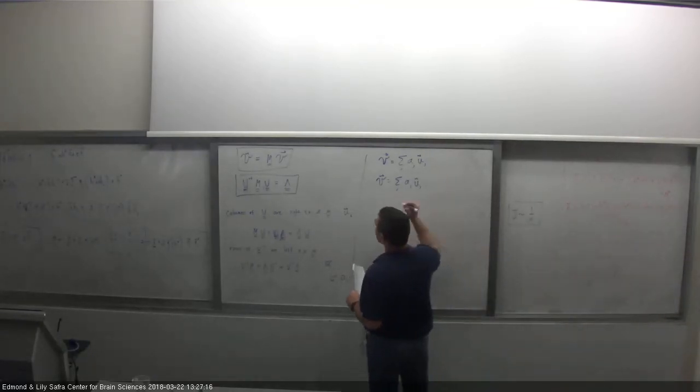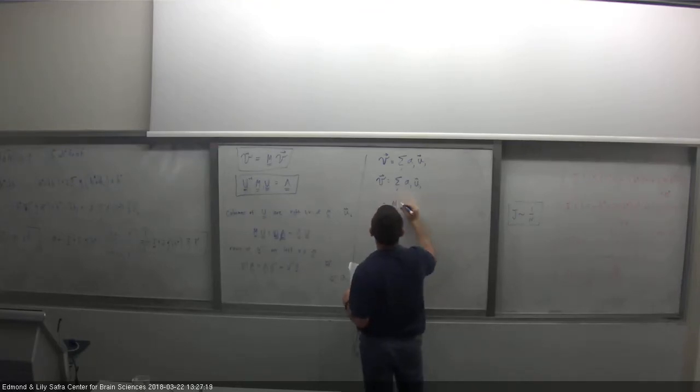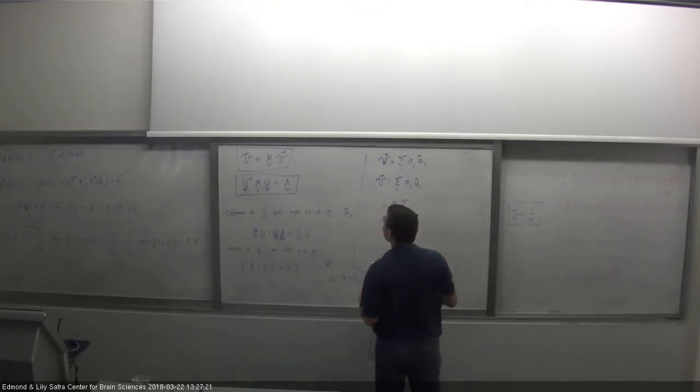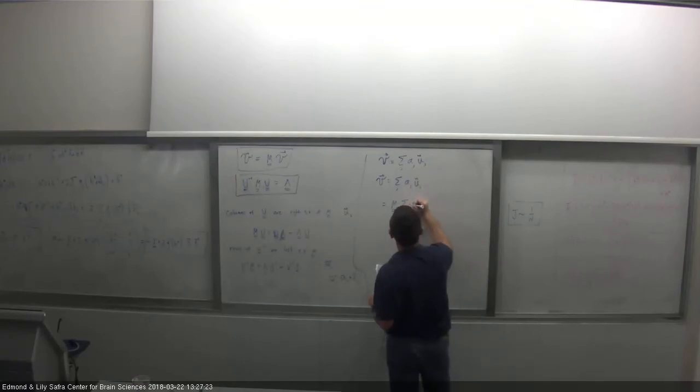But this is also equal to M times sum over j aj uj.